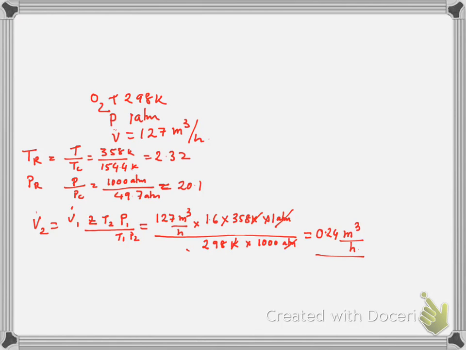If we were to use the ideal gas equation, what would be the volume? Isn't it just divided by the Z value? That's exactly right. So using the ideal gas law, you have to divide it by 1.6, so it will be 0.15 meter cube per hour.